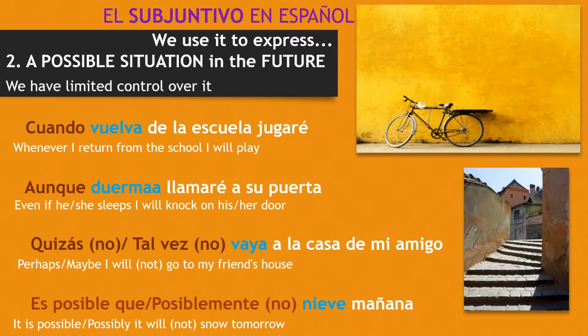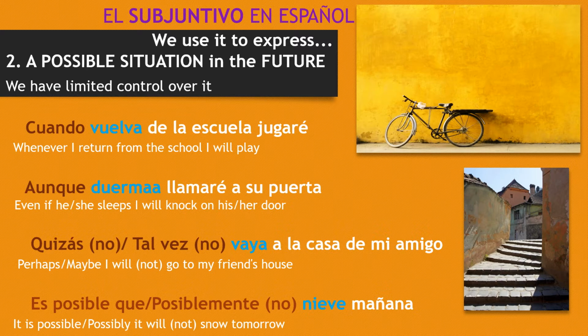Now, we also use it to express a possible situation in the future. Like the ones before, they were in the future as well, if you notice. We do have limited control over these situations also. So, first example. Cuando vuelva de la escuela jugaré. Cuando, okay.